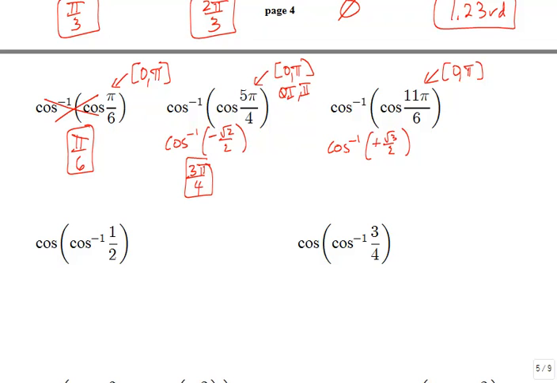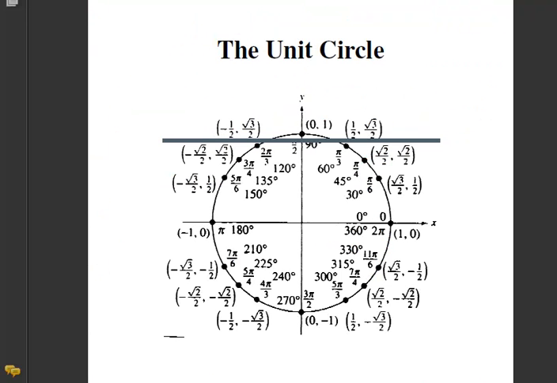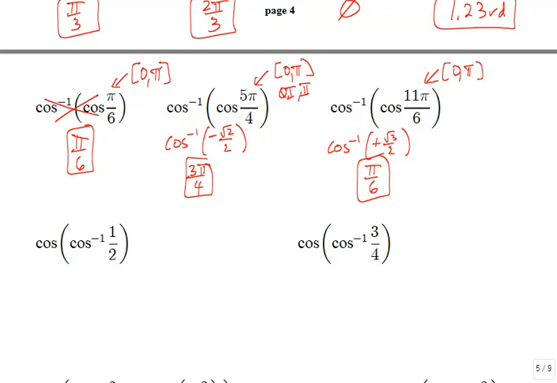So now, which angle between 0 and pi has a cosine value of root 3 over 2? There's only one that's positive, and that's positive pi over 6. So that would be this angle right here. This is the only one that's going to give you a positive root 3 over 2 if you're restricted to 0 to pi, like we are.